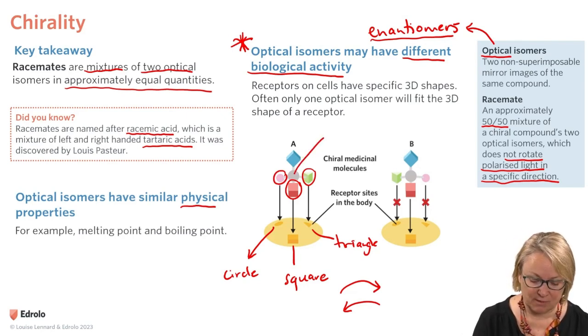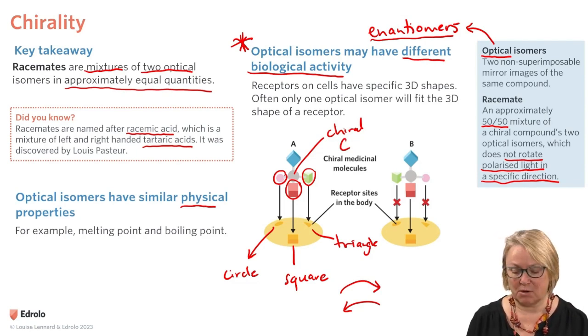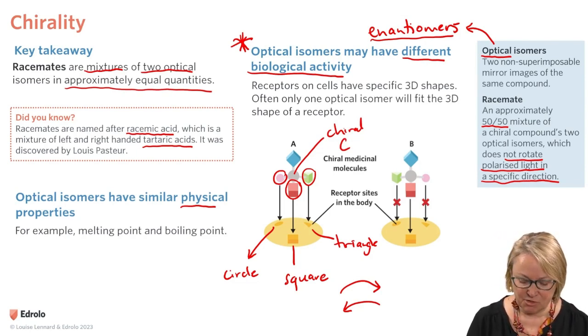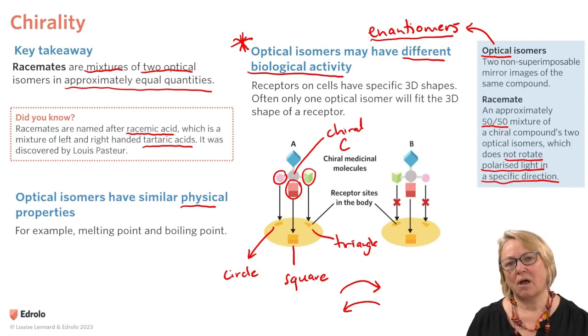So this is a chiral carbon. But if we have the mirror image, the optical isomer or enantiomer, then the triangle doesn't fit in the circle. The square will fit in the square, but the circle won't fit in the triangle. So only one optical isomer or enantiomer will fit a biological molecule or cell quite often.